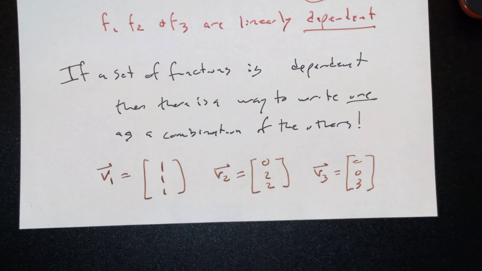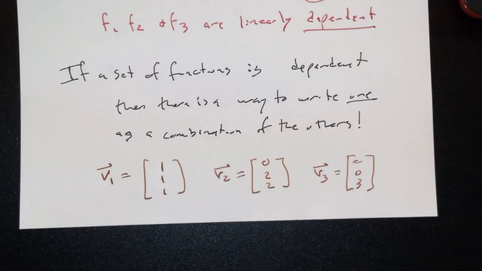Yes, reduce it, and that is the long way to do it. I take C1 times the first vector, C2 times the second vector, C3 times the third vector. I get a set of equations, and I do reduced row echelon form.